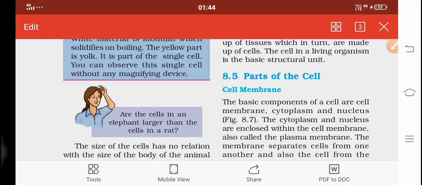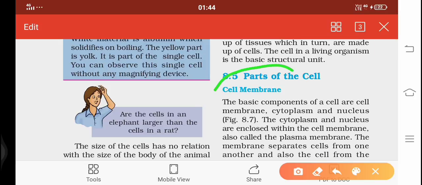A typical cell consists of several parts, but there are three important parts of the cell and the first such part is known as the cell membrane. The cell membrane is the outermost covering of the cell and it protects the cell from any outer injury and keeps the content of the cell in one place.